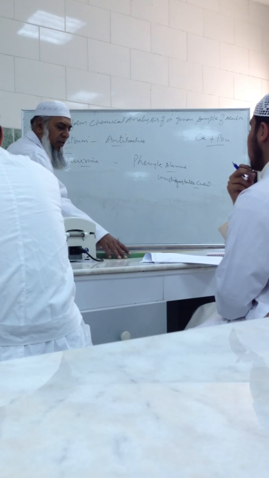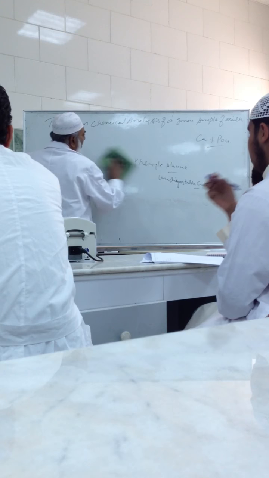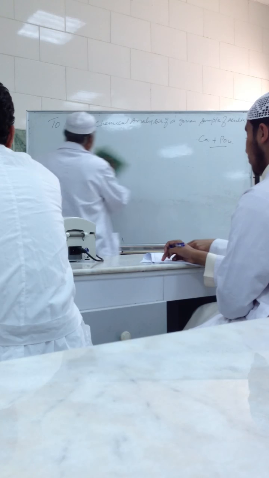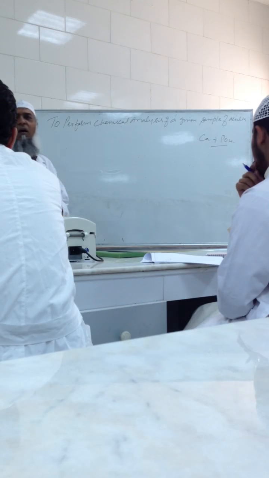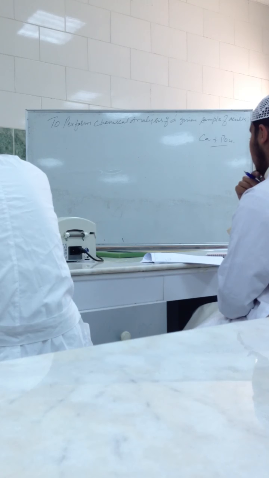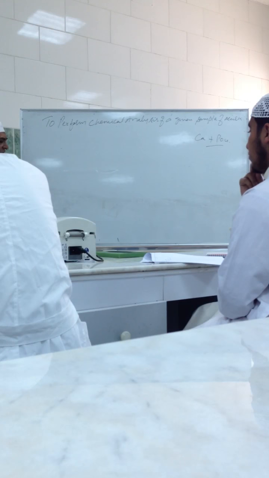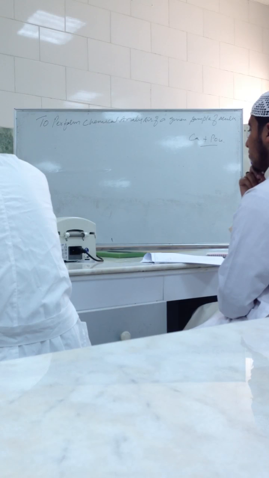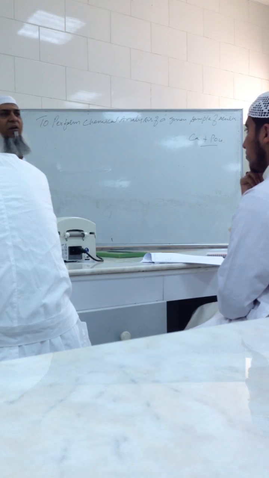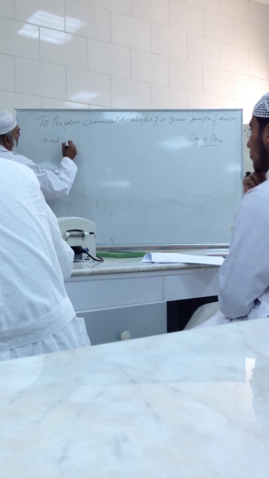Now, after this brief introduction about the milk and milk-related things, let's consider how to prepare a sample of milk to analyze it chemically. In order to analyze it chemically, we will prepare a milk sample, and for this purpose we will take 10 ml milk.